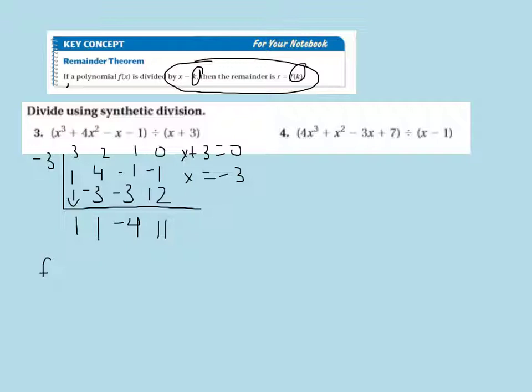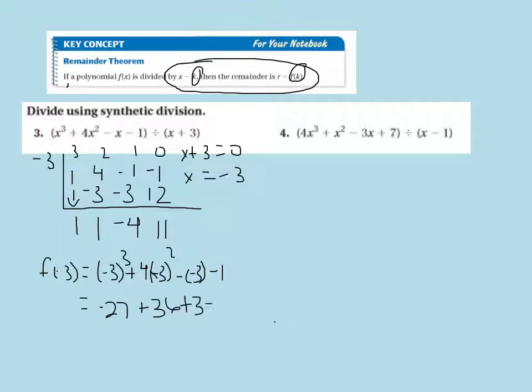If I say f of negative 3 equals negative 3 to the third plus 4 times negative 3 squared minus negative 3 minus 1, I get negative 27 plus 36 plus 3 minus 1, 11. See how this equaled this?